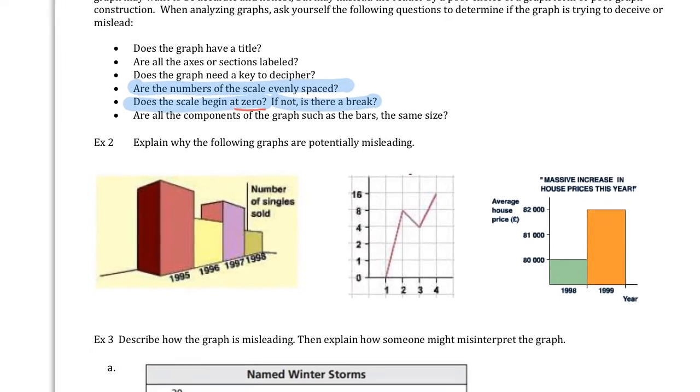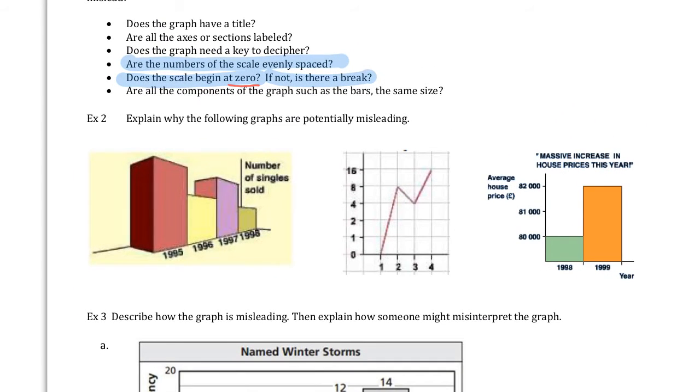So a couple of examples here. We've got this first one on the left. It's meant to look cool because it's 3D, but the perspective makes it seem like this 1998 number of singles sold is a lot smaller, but maybe because of the perspective it's not that much smaller than 1996.